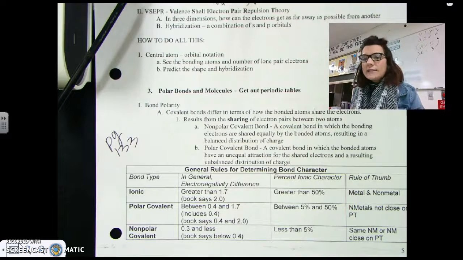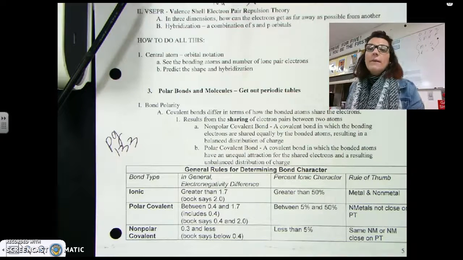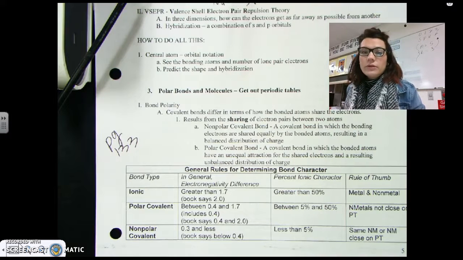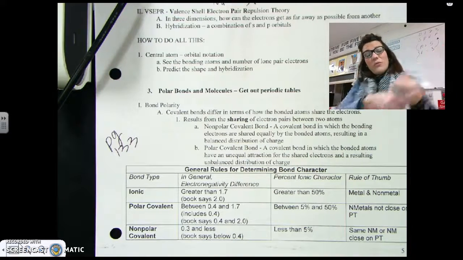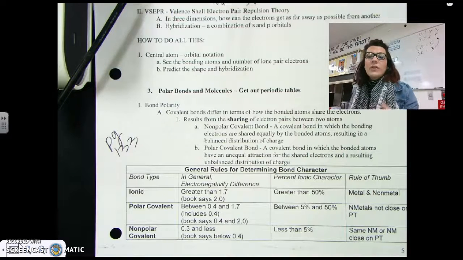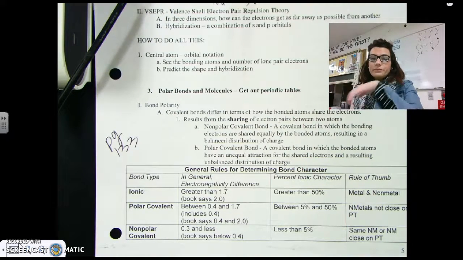Kind of think about it as a game of tug of war, okay? Electronegativity is going to tell us who wants the electrons more. If their electronegativity is higher, that means that atom in that bond will pull the electrons closer to it, where if the other atom has a lower electronegativity, they're kind of like holding onto that rope for dear life because the other atom is pulling it towards them. Okay, so keep that in mind.